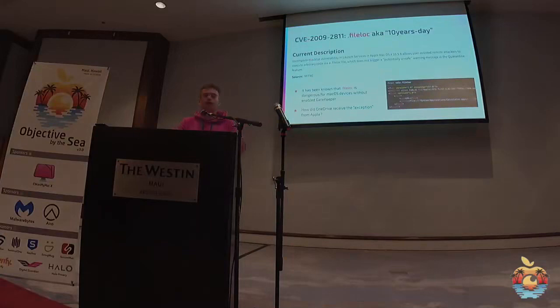Actually, the fileloc file is a 10 year old vulnerability because it was found in 2009. And actually, it was known that fileloc is dangerous for macOS devices without enabled Gatekeeper. At that time, Gatekeeper was still in development.